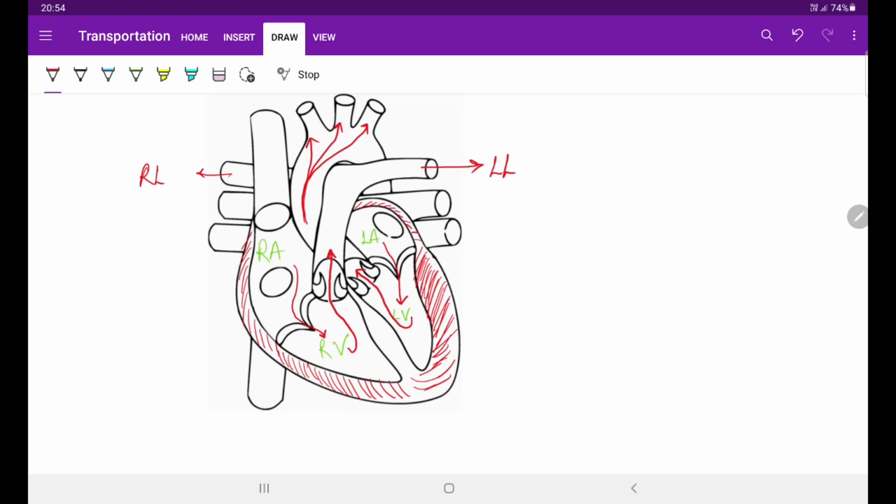Also, these walls are very elastic. They are made up of cardiac muscular tissue, so they will pump with extreme force so that the blood can reach different parts of the body.